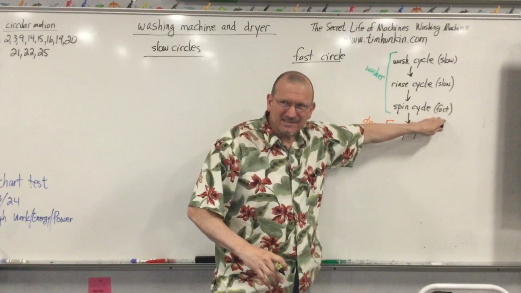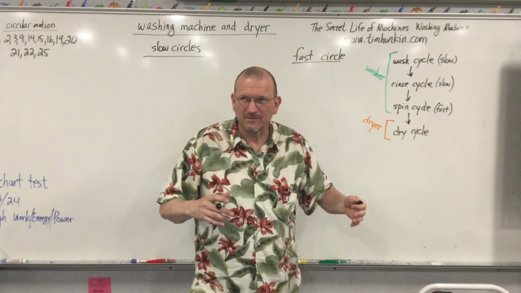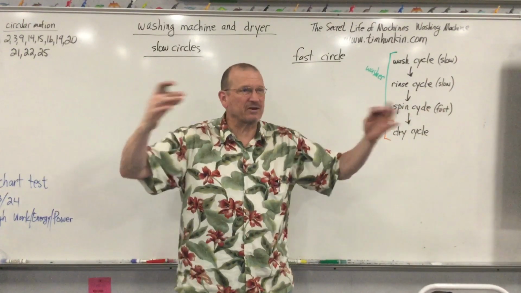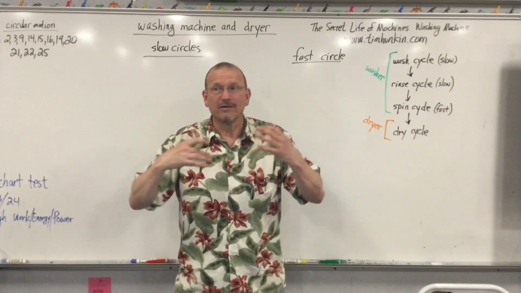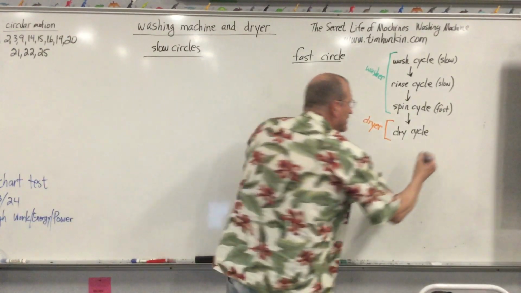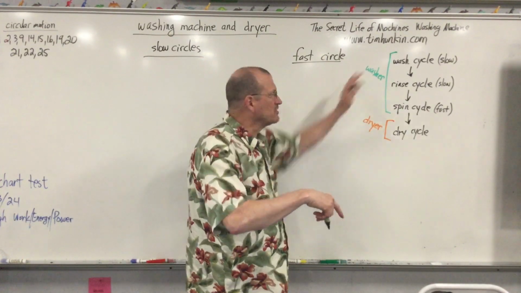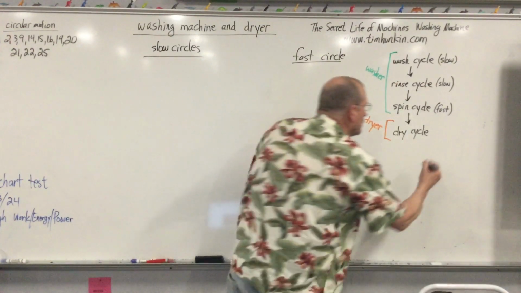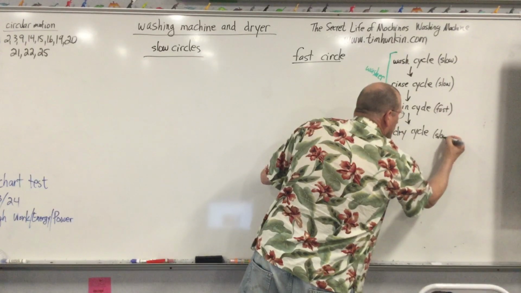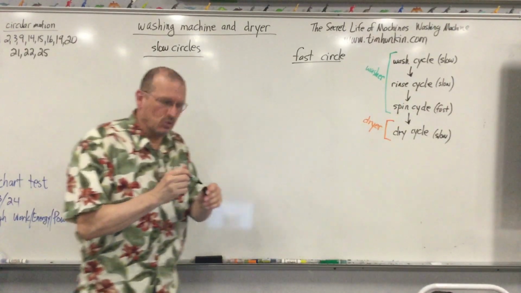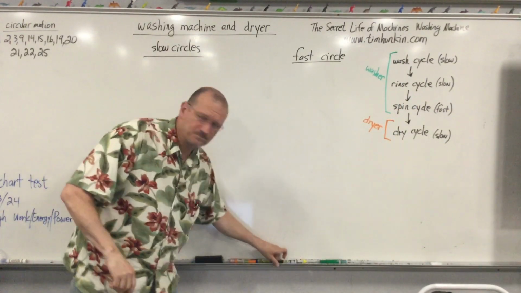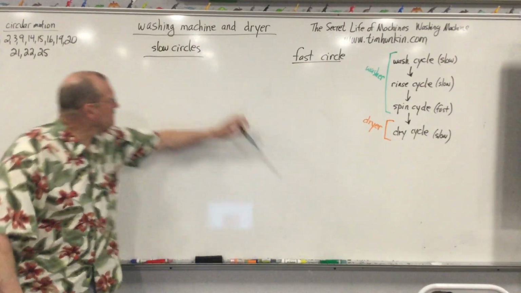If we do fast, where are the clothes? They're smashed out against the walls. And in the dryer, they do tumble. So that means it may not be exactly the same speed as the slow circles in the washing machine, but in the dry cycle, we do go with a slow circle. So we come back over here.